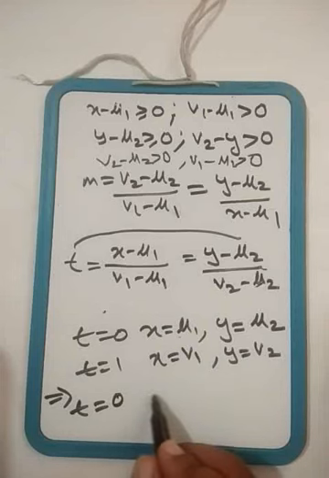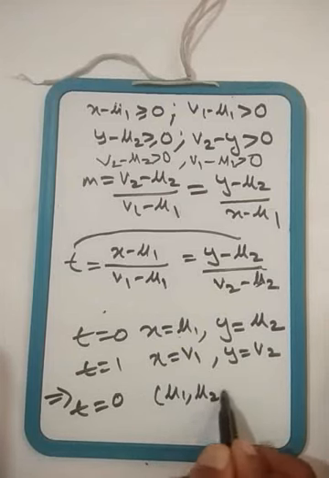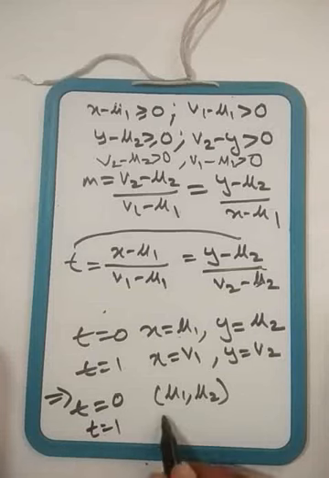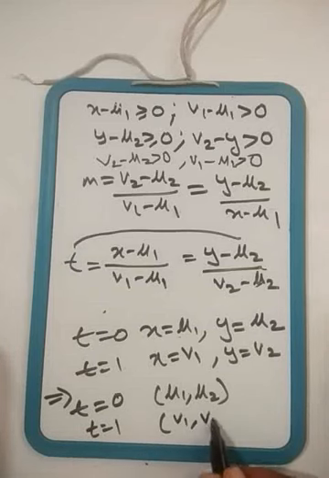At t equal to 0, this is the point u1 comma u2. At t equal to 1, this is the point v1 comma v2.